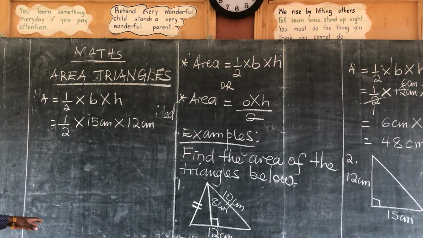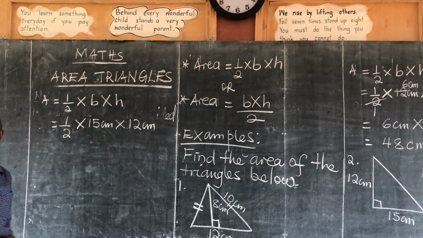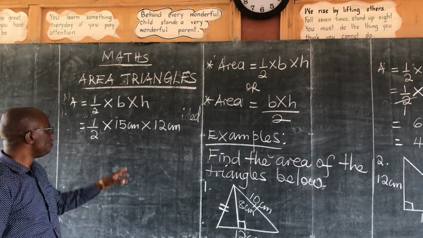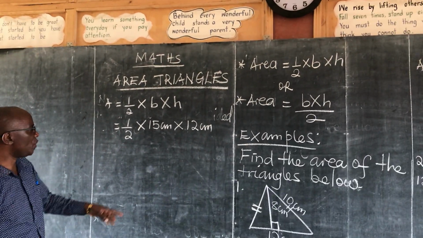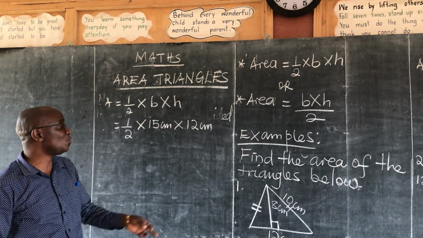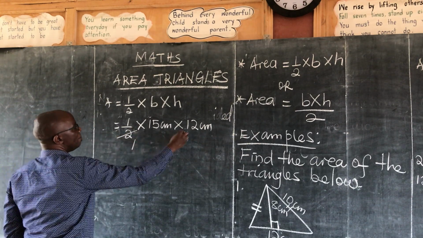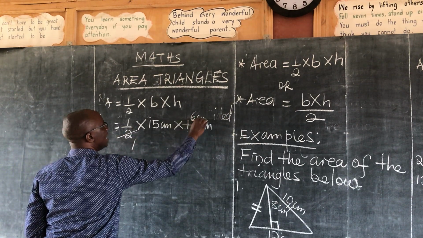So now we are going to reduce. You realize that 15 is not divisible by 2. Any number divisible by 2 must be an even number. 15 is not even. So we go to the height. The height is divisible by 2 because it is an even number. So by 2, 1, by 2, 6 centimeters.